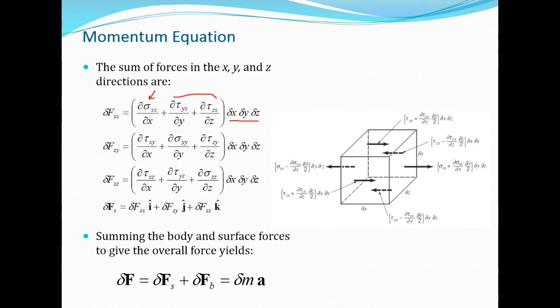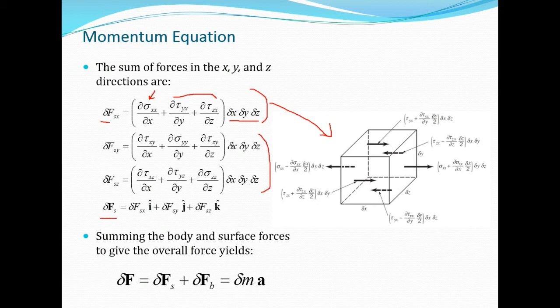So here's the total stresses acting times the volume. That would be the differential forces. And we can do the same in y and z. I won't go through it, but it's basically just reorienting yourself. Right now it's written for the top one, but if you change those arrows around to the other faces, you'll get these two as well.